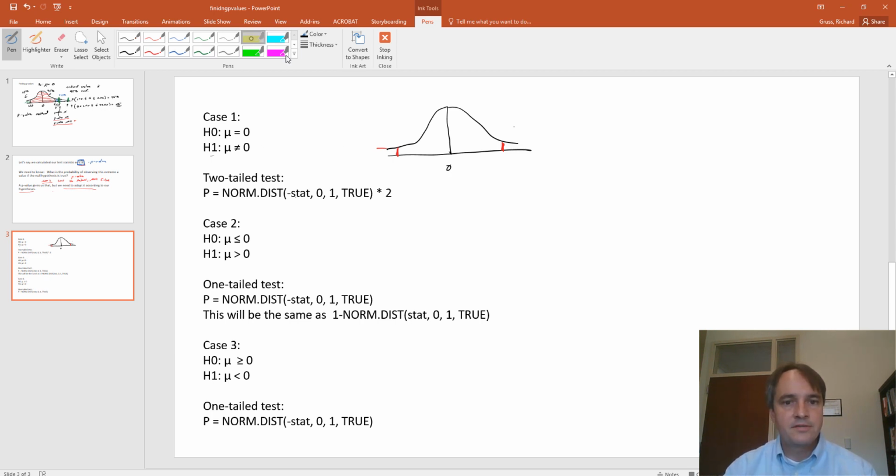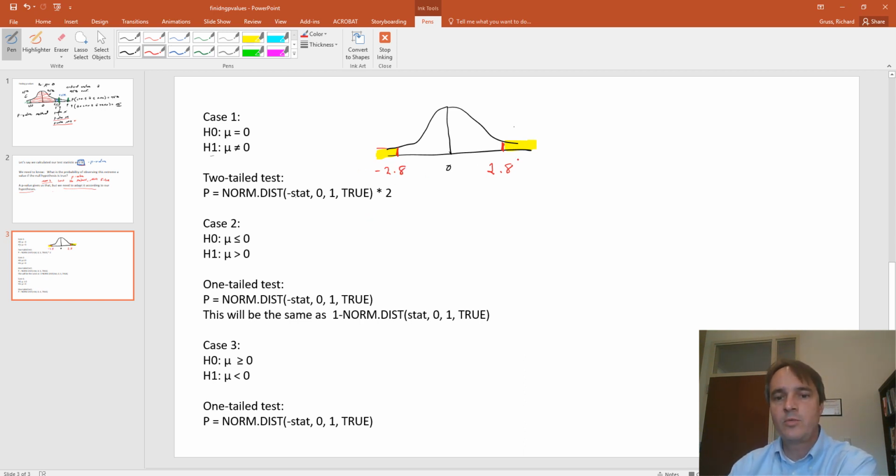So under this two-tailed test, we're interested in how much area there is out here and here, where this is the probability of observing that statistic, which in our case was 2.8. So that would mean we have 2.8 out here and we would have negative 2.8.